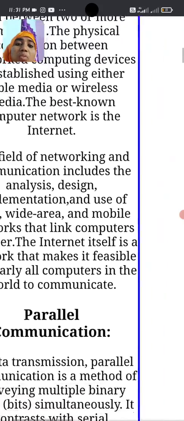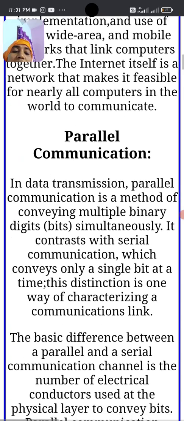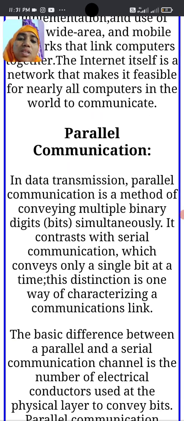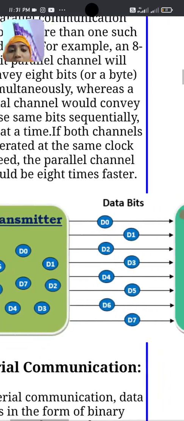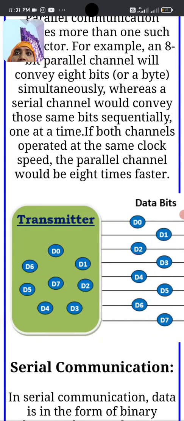Data communication is mainly of two types. The first one is parallel communication. This is the block diagram of parallel communication. Parallel communication means whatever data we need to send, we can send at a time.